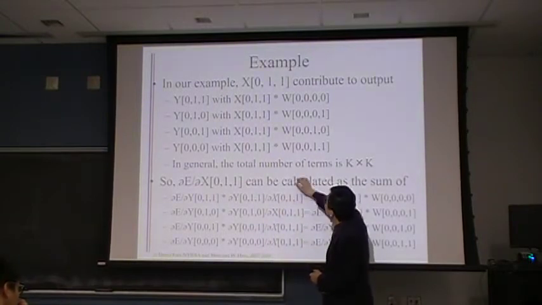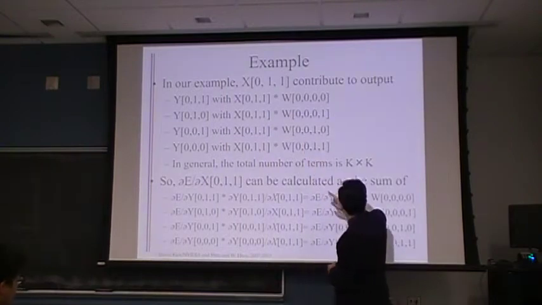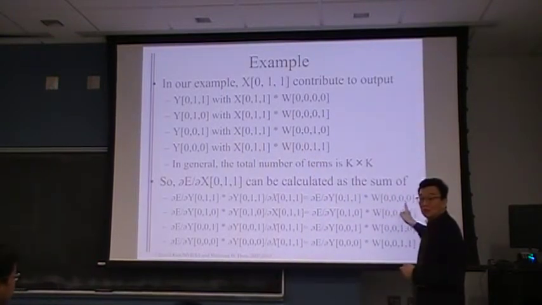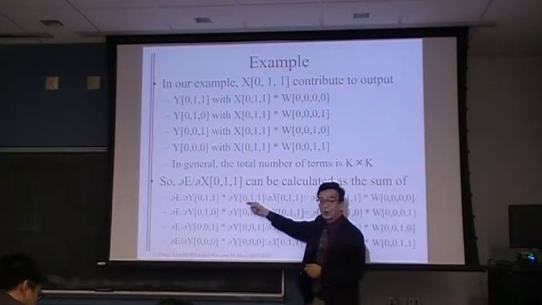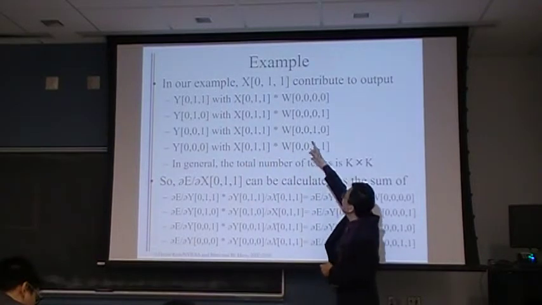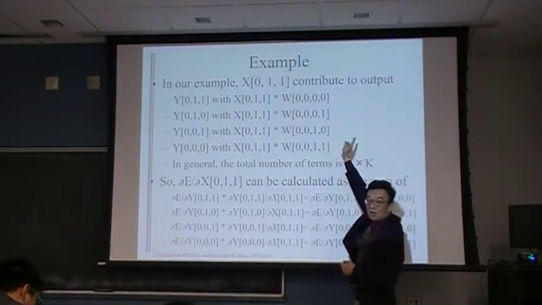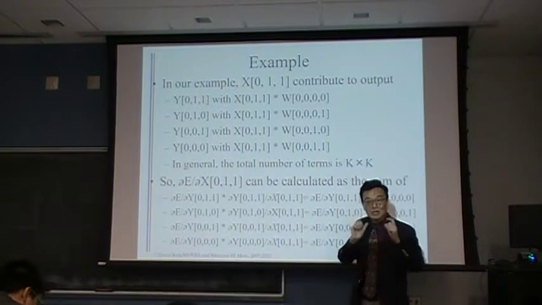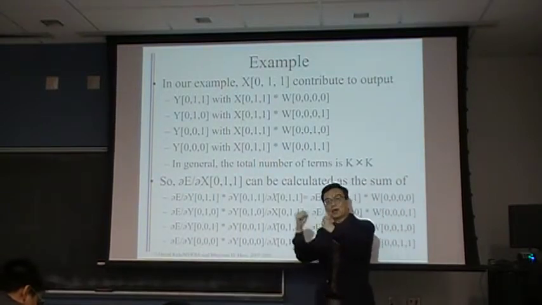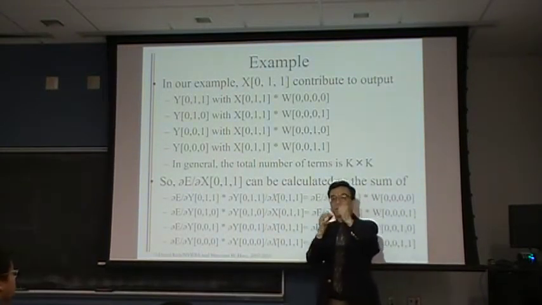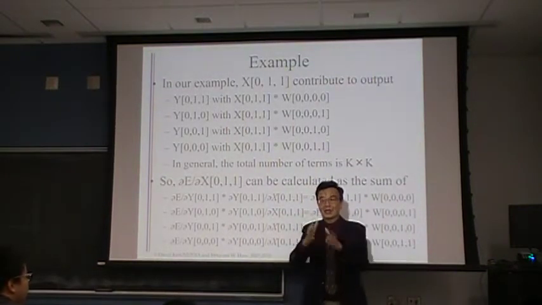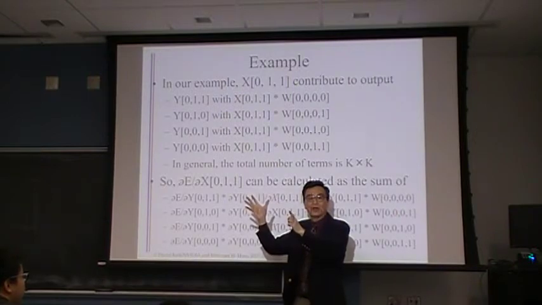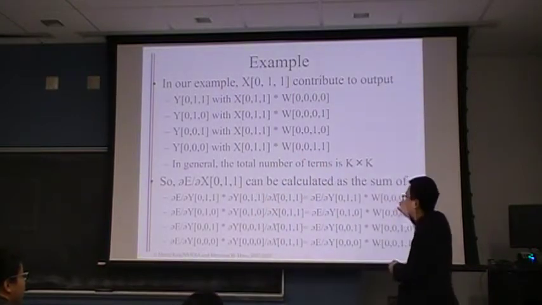And this term, I know exactly here, is w00, because this is how x11 feeds into y11. And so when I do the differentiation, x goes away, I have w00, just like last time. But now it's w, not x anymore, because we're finding the importance of x. When we do a differentiation, x goes away, and the w is a constant now. So w remains here.